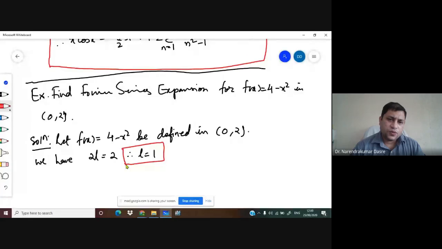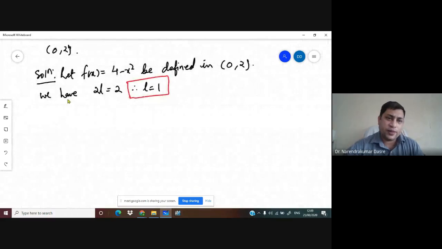Please be careful now. The interval we have changed. The interval is going to be 0 to 2 now, so it is precisely 0 to 2L. Now we got L is equal to 1, and this interval is only positive.